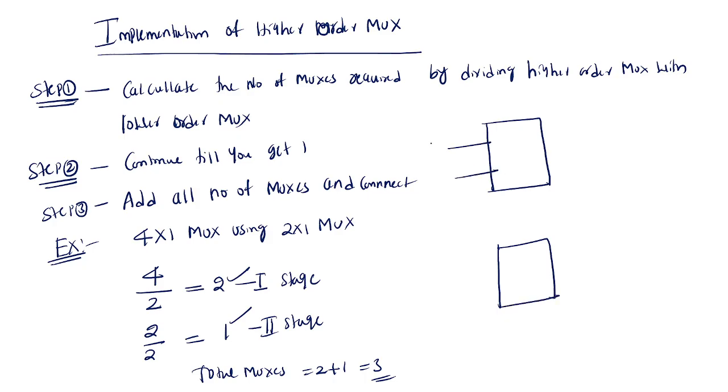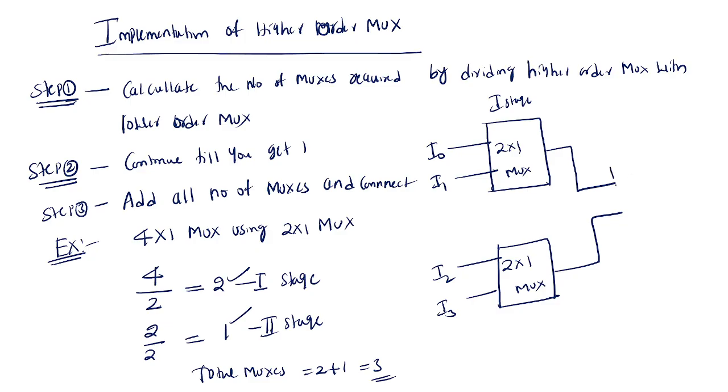I0, I1, and here I2, I3. So this is a 2 cross 1 MUX, first stage. One more 2 cross 1 MUX, second stage, and this is given to the output.